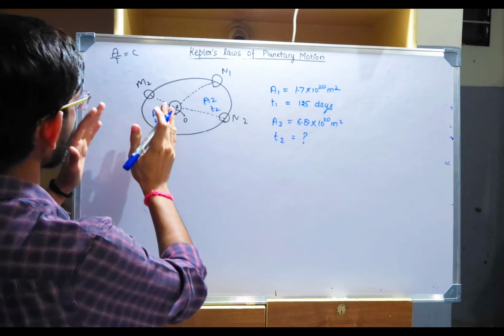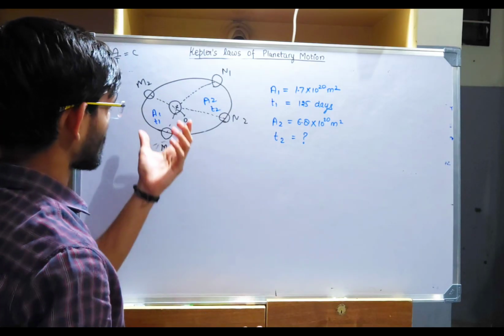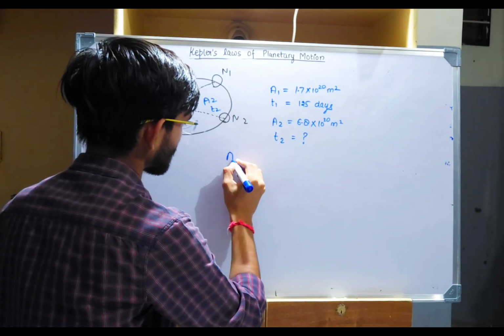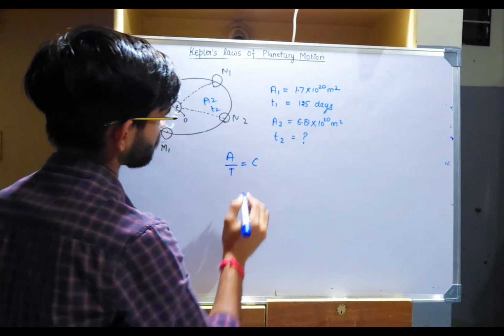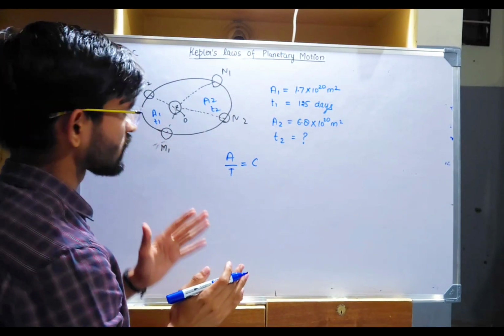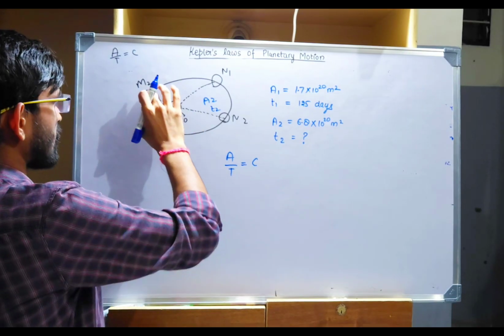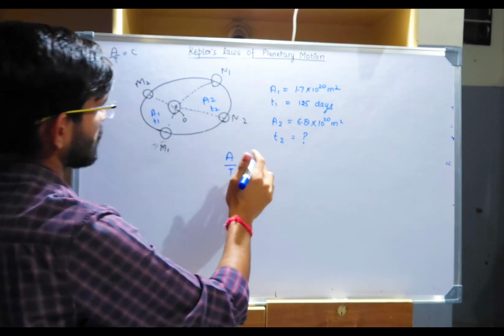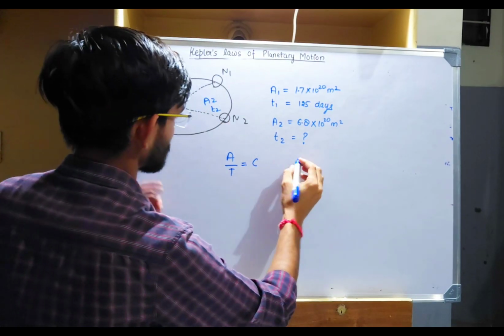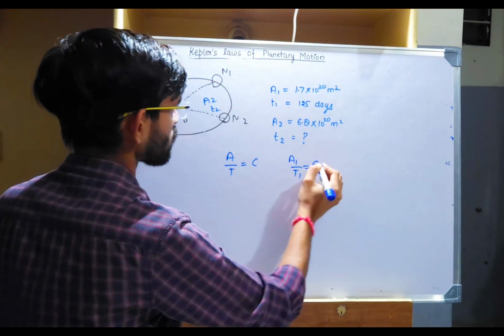As we know, for a planet revolving around the sun, area upon time is equal to a constant. So if I find the ratio of area and time for this part, A1 upon T1 is equal to a constant.